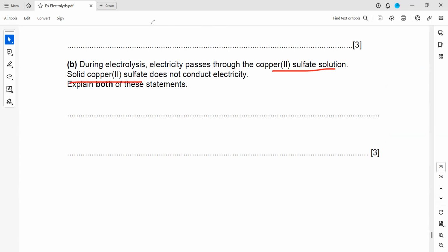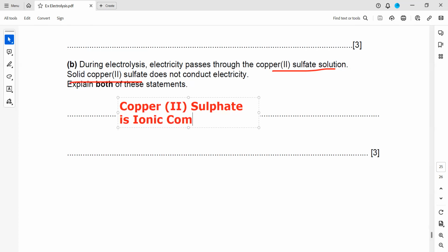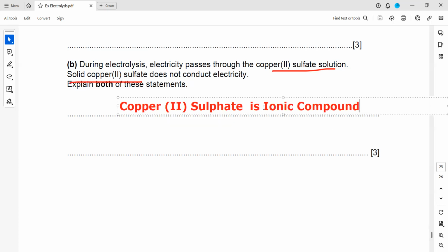Why does the solid not conduct electricity, but the solution can? First thing, how the marks are distributed: copper sulfate is an ionic compound. That's the first mark. So copper sulfate is an ionic compound.